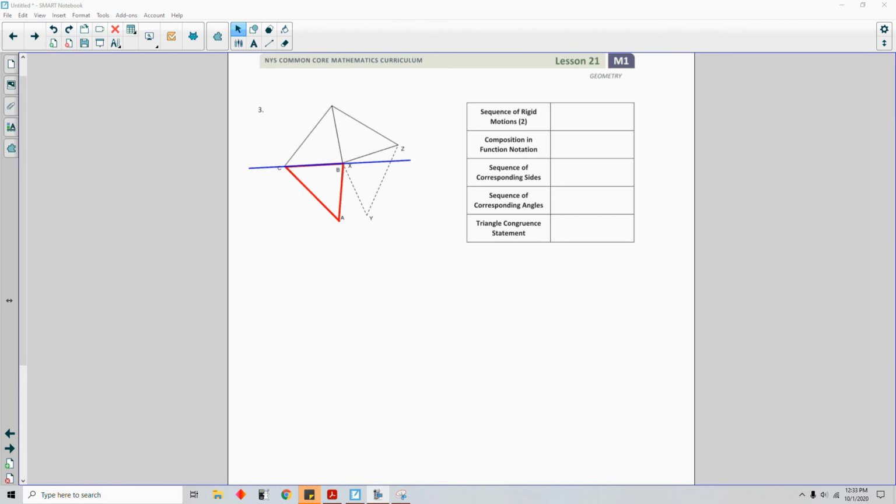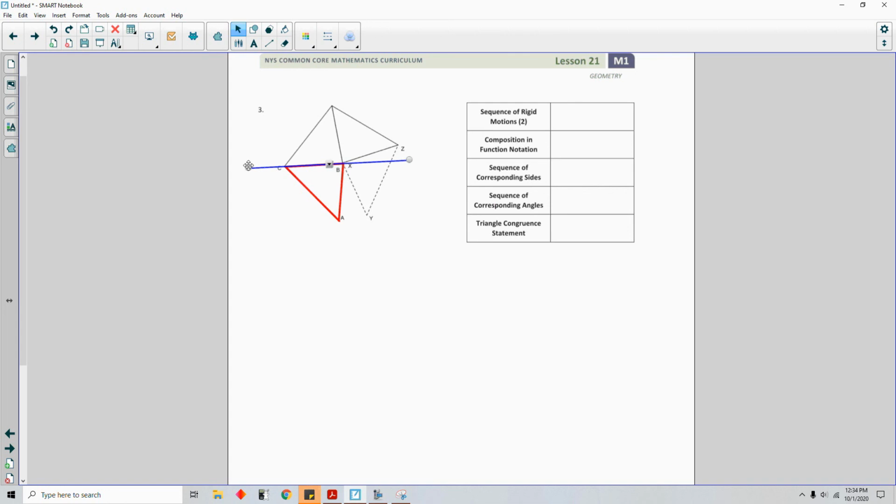Okay, page 4 brings us to our last exercise. And I've highlighted the pre-image. It was the red triangle ABC. That is our red triangle ABC. So let me move this. As you can see, this is the pre-image. This blue line segment I drew is our line of reflection. So if I reflect triangle ABC over it, it becomes this triangle here.